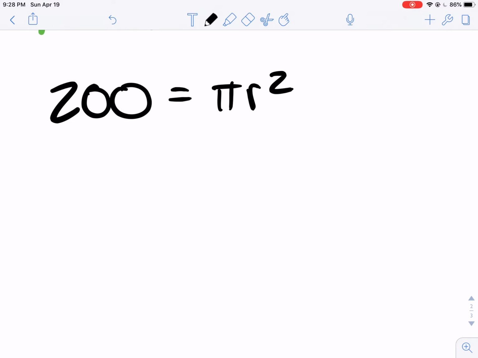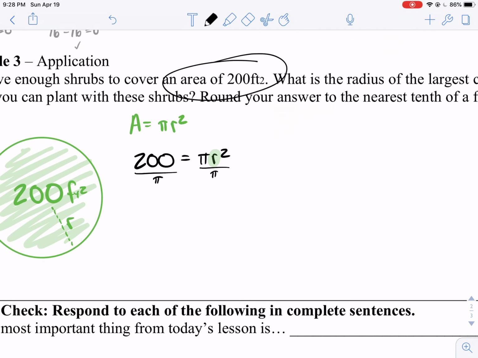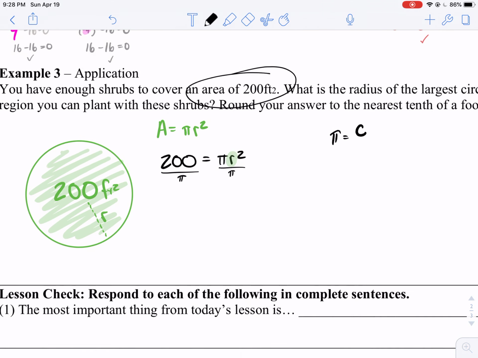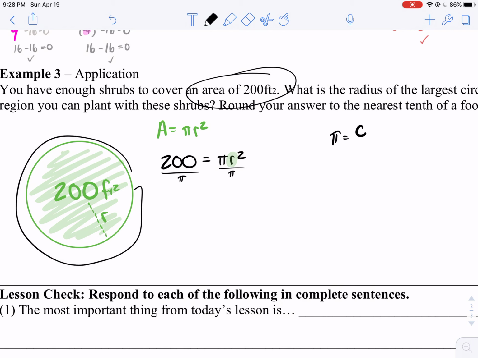So we're trying to get this r all by itself, to find out what that radius is. So first we're going to divide by pi. Now you remember that pi is the ratio of a circle's circumference, that's the distance around the circle, divided by its diameter, that's the distance all the way across the circle.